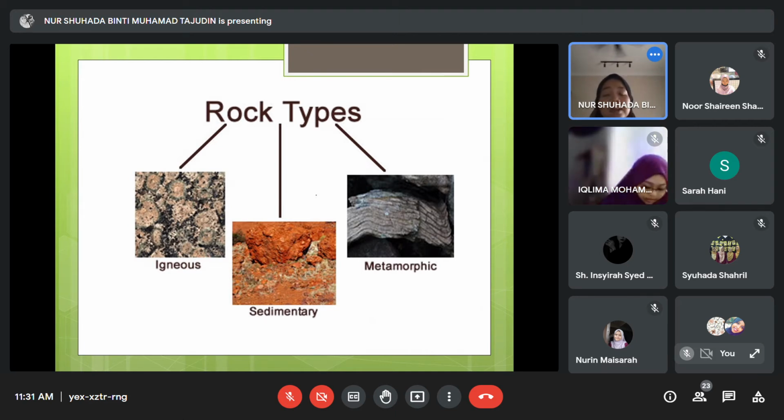Okay, so classification dalam dunia ni ada three types of rocks je. We have igneous, sedimentary, metamorphic. Okay, so why these three rocks are different is because of their origins and their formations, how it is formed, menentukan dia jenis rock apa. Okay, so this is the parent.